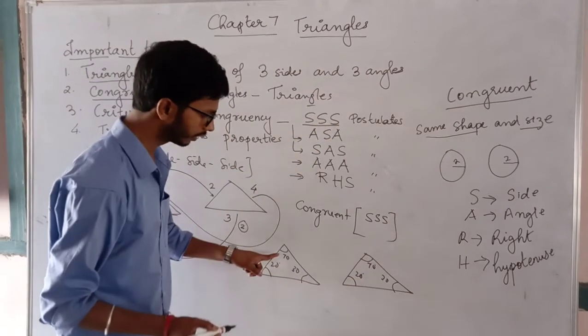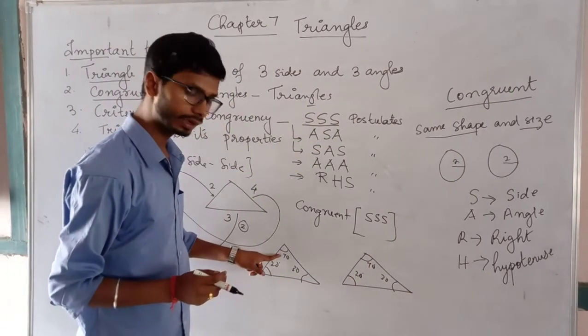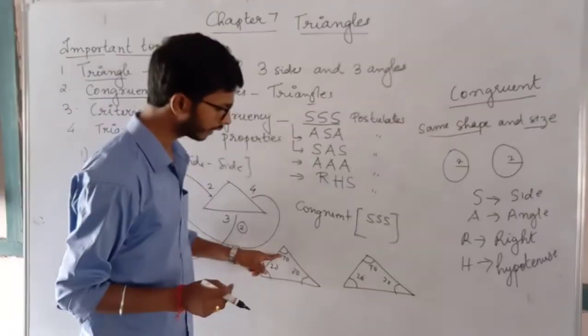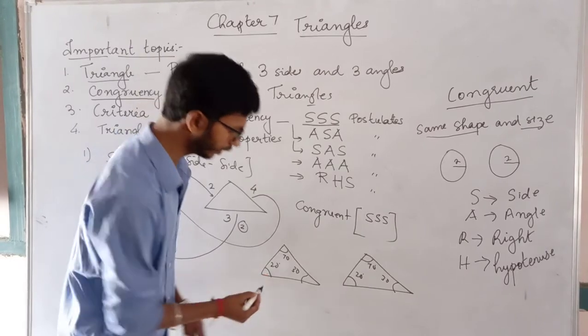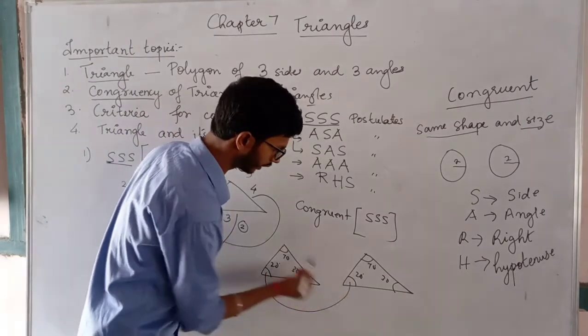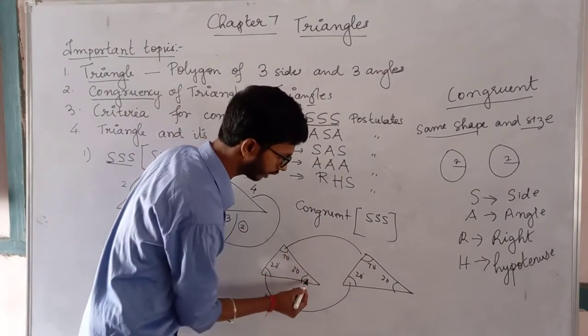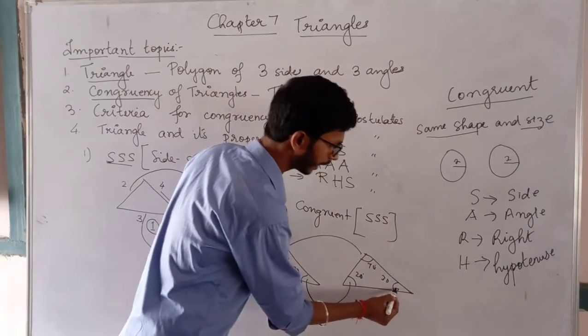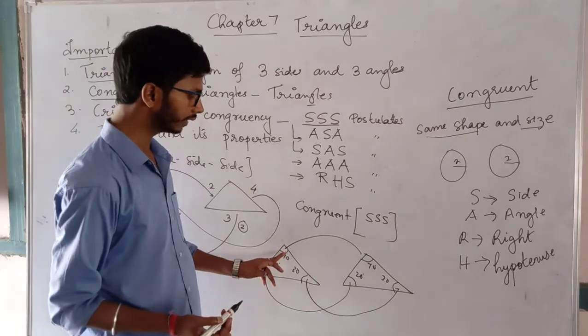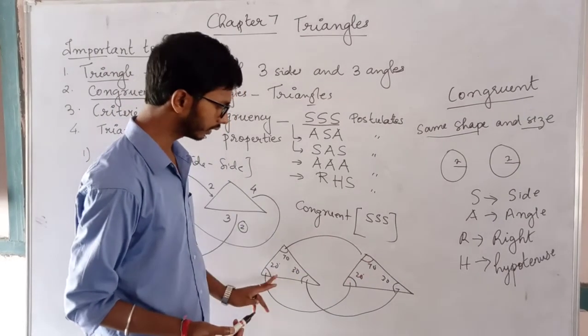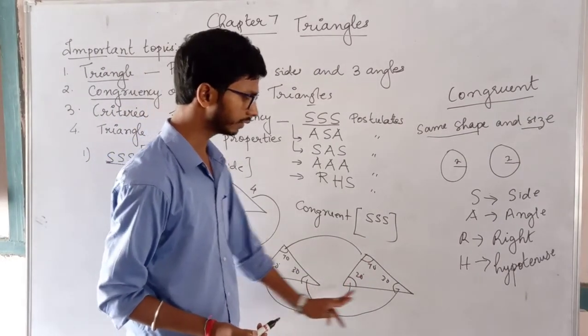Now see here, this angle is 70, corresponding to this angle in the other triangle it is also 70. Here we have 20, corresponding also 20. Here we have 30, corresponding angle of the other triangle is also 30. So this angle is equal, this is also equal, and this is also equal.